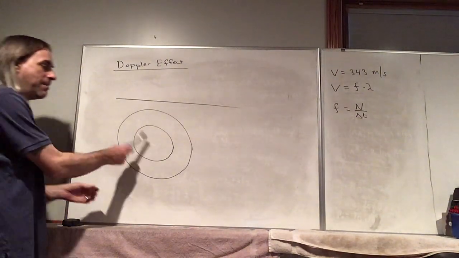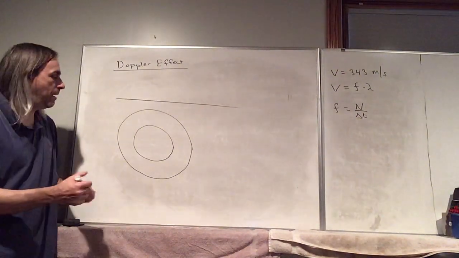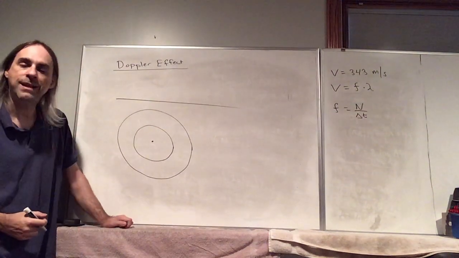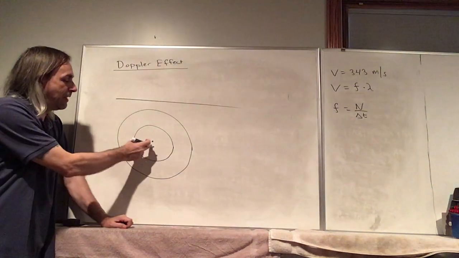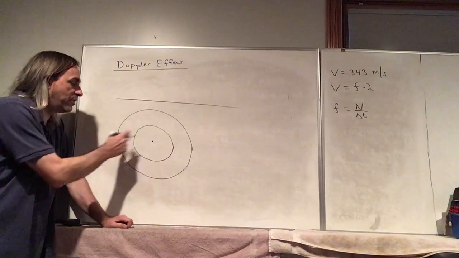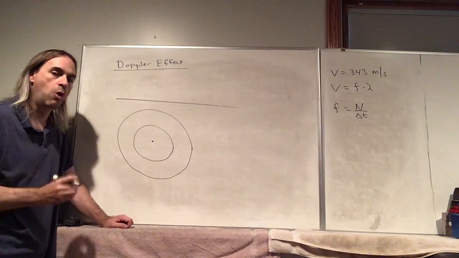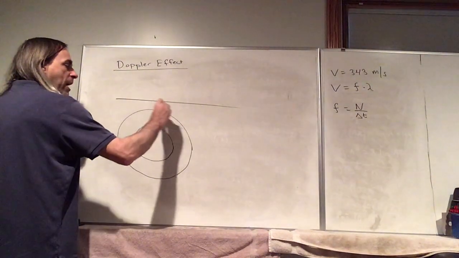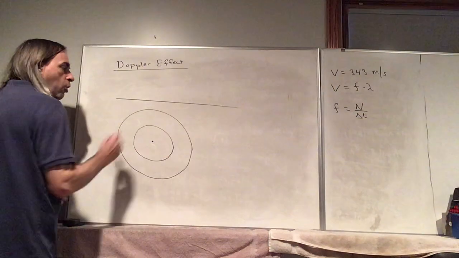What we can say about this is that both of these circles are centered at the same point, and this means that the source of these waves is not moving. How do we know that? Well, let's look at this wavefront, which was created earlier.